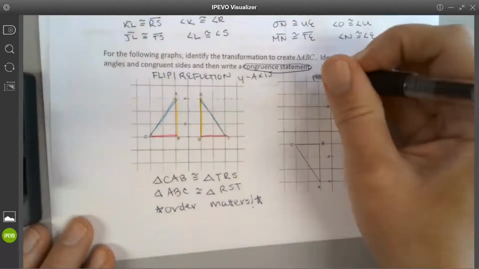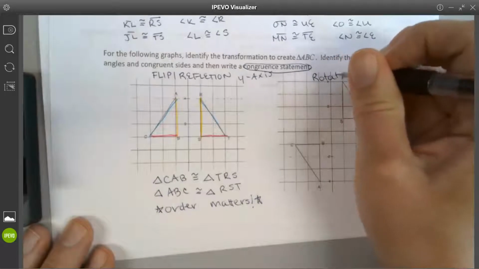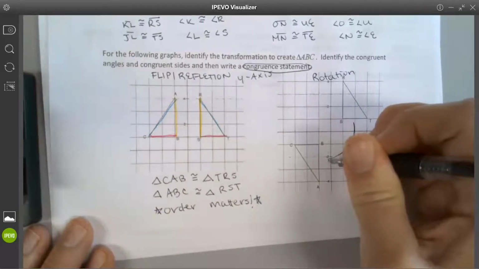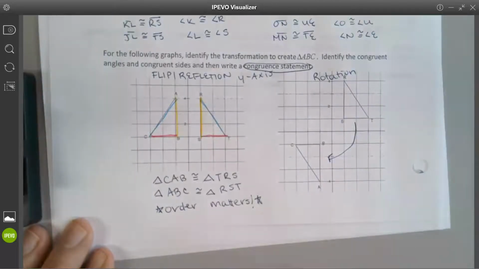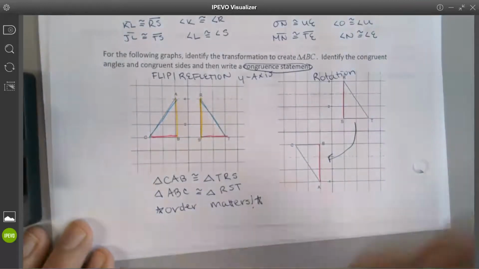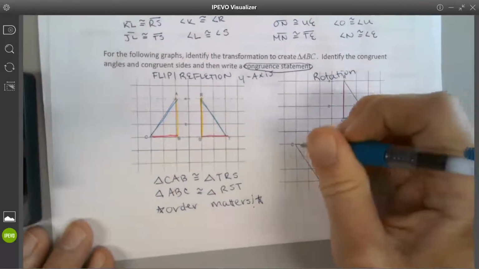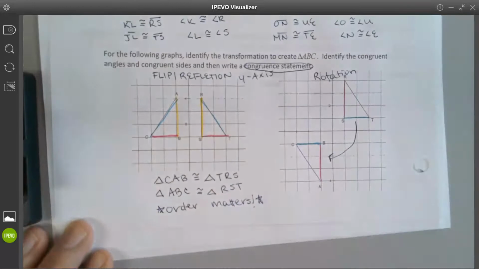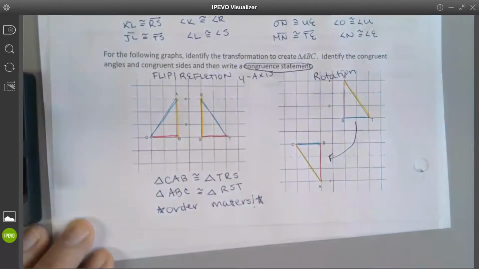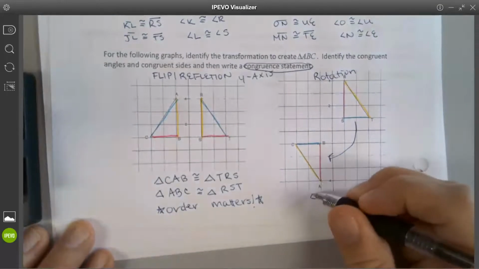This is a rotation. So it's been rotated around. Maybe I started here and rotated this way. But let's see. This side would match here. This side matching here. And then my last side matching here. So who can give me one congruent statement?